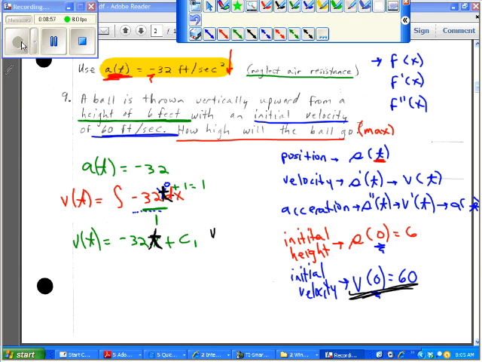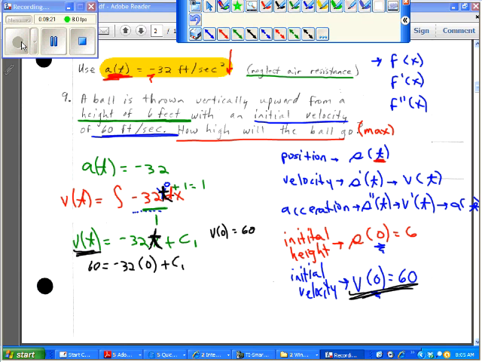So we know that v of 0 is 60. So that means when time is 0, the velocity function is 60, right? So let's just plug that in. We would have 60 is equal to negative 32 times 0 plus c sub 1.